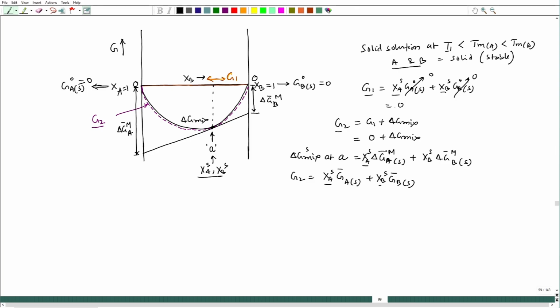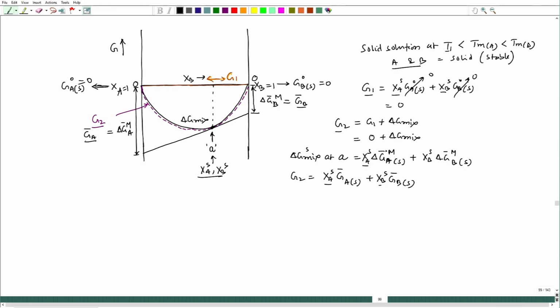Now since G1 is 0 at all compositions from 0 to 1, G2 lies exactly on the delta G mix plot. So these two would be similar to G B bar, as well as G A bar.